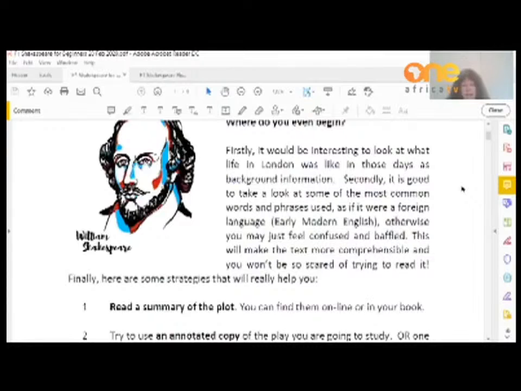Right, firstly, it's interesting to look at life in London, what it was like back then in the late 1500s, early 1600s. Okay, that's the time period we're looking at. And we'll be looking at some of the most common words and phrases used.